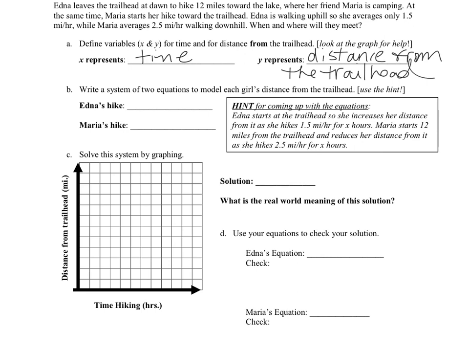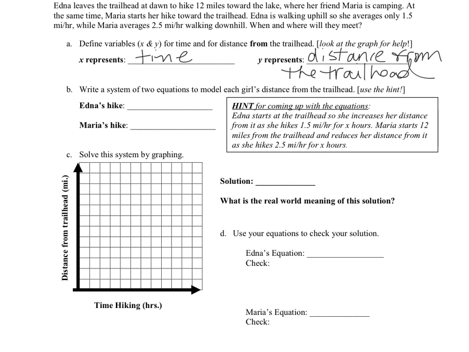Now we're going to write a system of two equations that model each girl's distance from the trailhead. My hint here is that Edna starts at the trailhead, right? So when she starts, her distance from the trailhead is 0. And she is increasing her distance from the trailhead at 1.5 miles per hour.